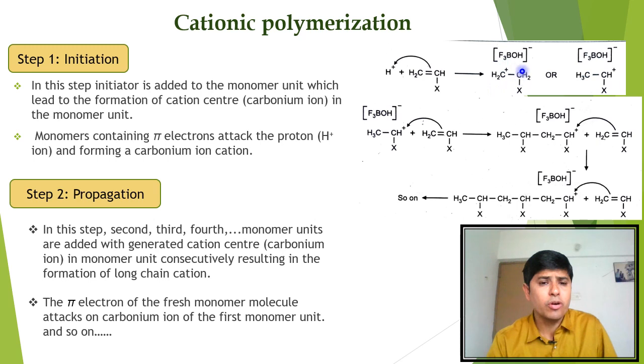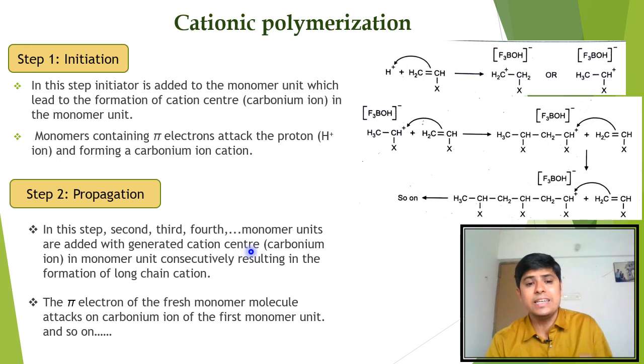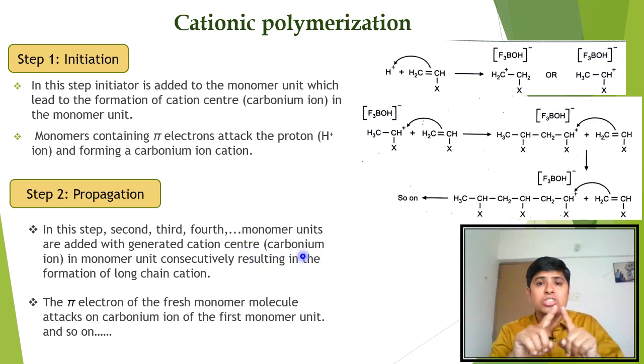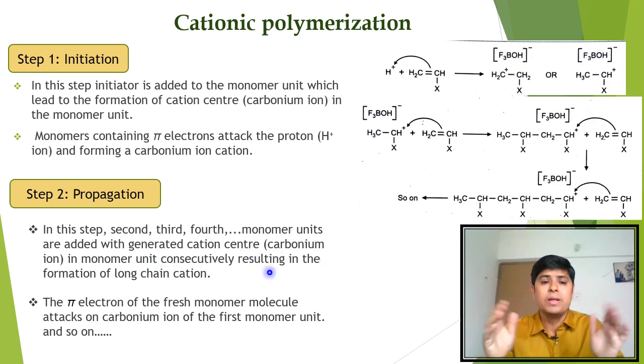Now the second step is propagation. In this step, the second, third, or fourth monomer unit is added. This is the second monomer unit, now it would be a third monomer unit, and so on. All monomer units will be added consecutively to the generated cation center, that is the carbonium ion, resulting in the formation of a long chain.